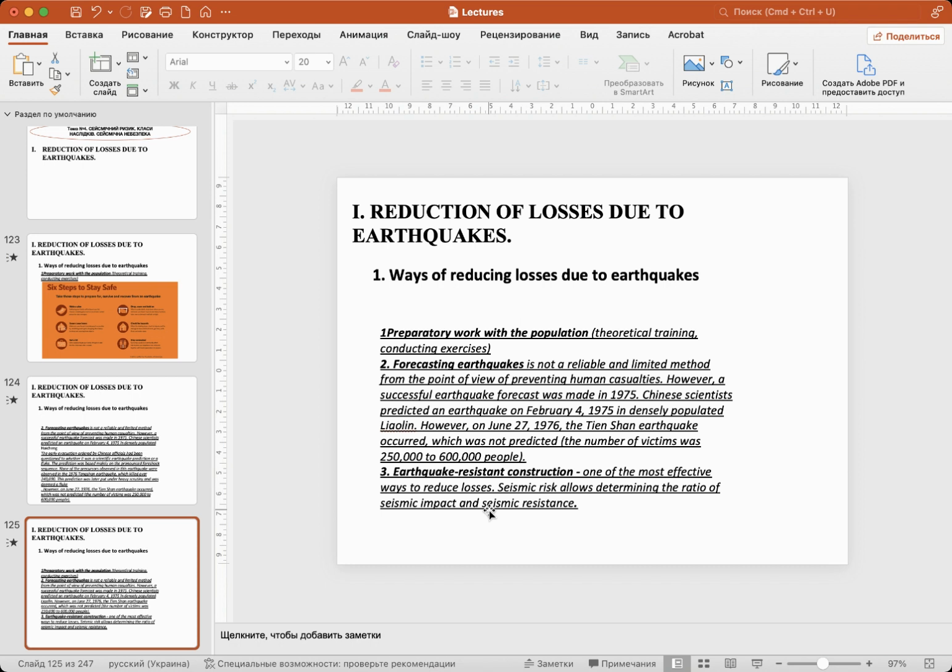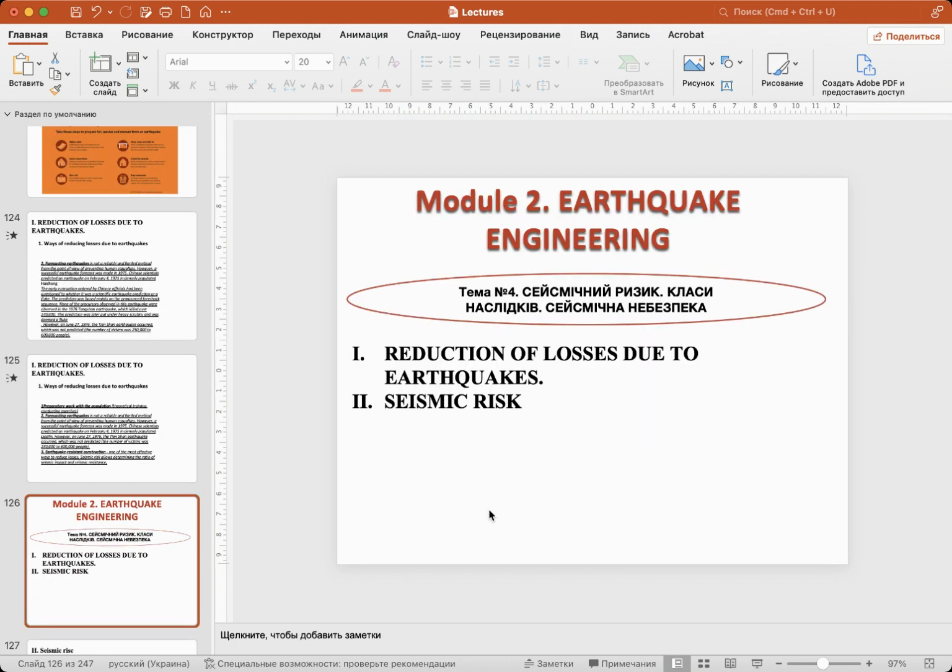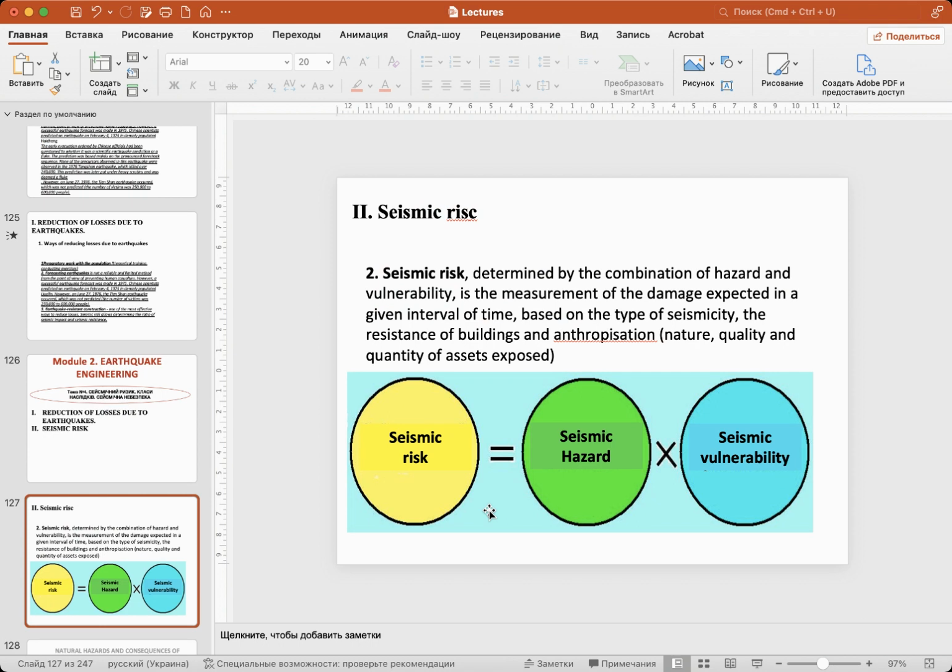So that is why it is really important for us to develop our engineering, our structural way to protect people's lives from the consequences of earthquakes. And we, as engineers, as structural engineers, have to work with a certain definition called seismic risk, and we have to deal with that risk.